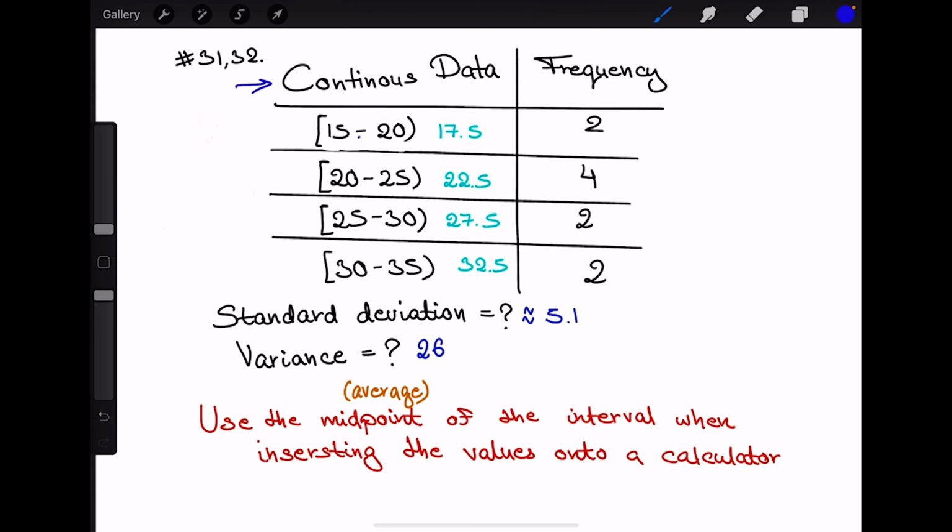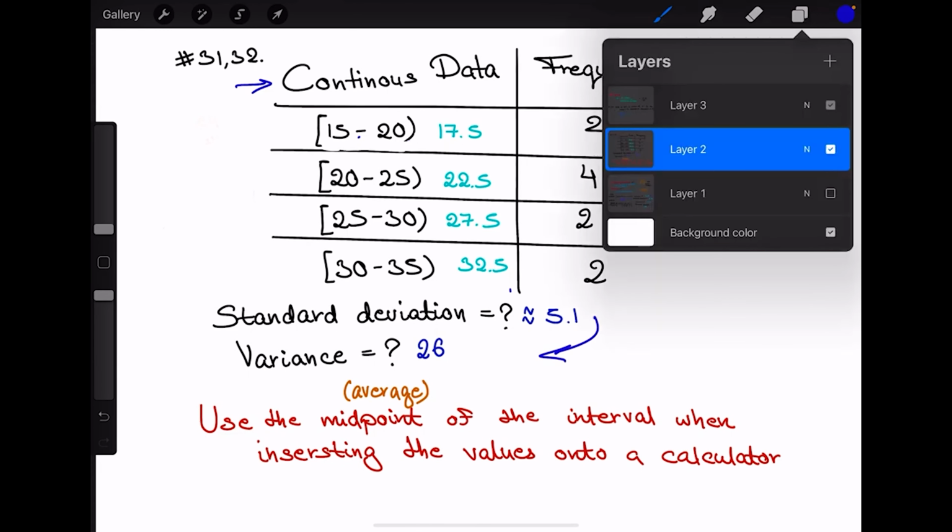So in this case, between 15 to 20 is 17.5, between 20 and 25 is 22.5, and so on and so forth. And then you calculate like normal, as if these were the actual data points. Find the standard deviation, then square it in order to find the variance. Be careful about the significant figures, because our school is incredibly annoying when it comes to those.